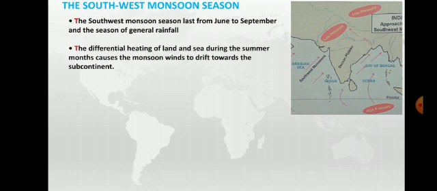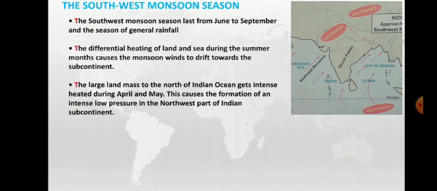The differential heating of land and the sea during the summer months causes the monsoon winds to drift towards the subcontinent. The large landmass to the north of the Indian Ocean gets intensely heated during April to May, and it forms an intense low pressure in the northwest part of India.